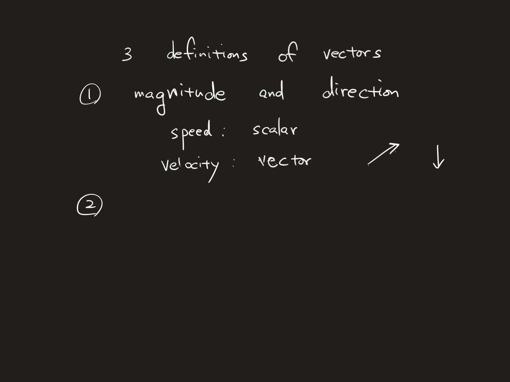And another definition of vector is array. For example, (1, 2, 3), or just array or list. In computer science, if you do any programming, array or list is very important. For example, (4, 5, 6), and something like that.